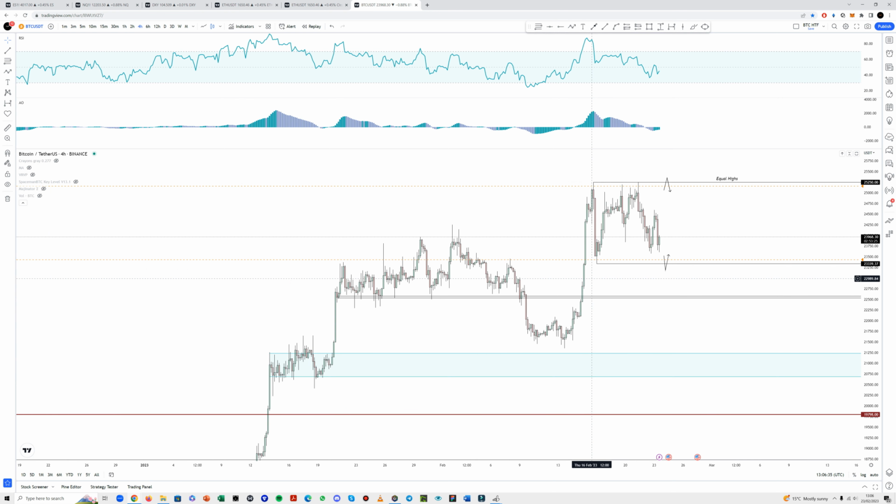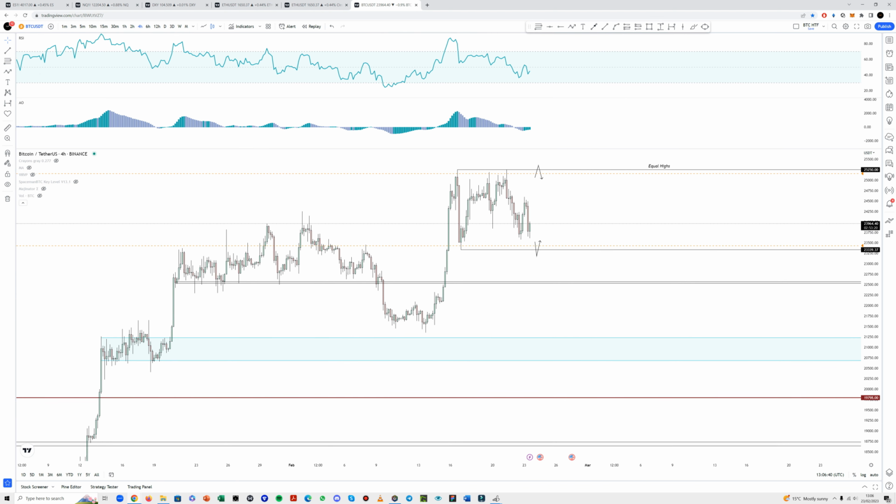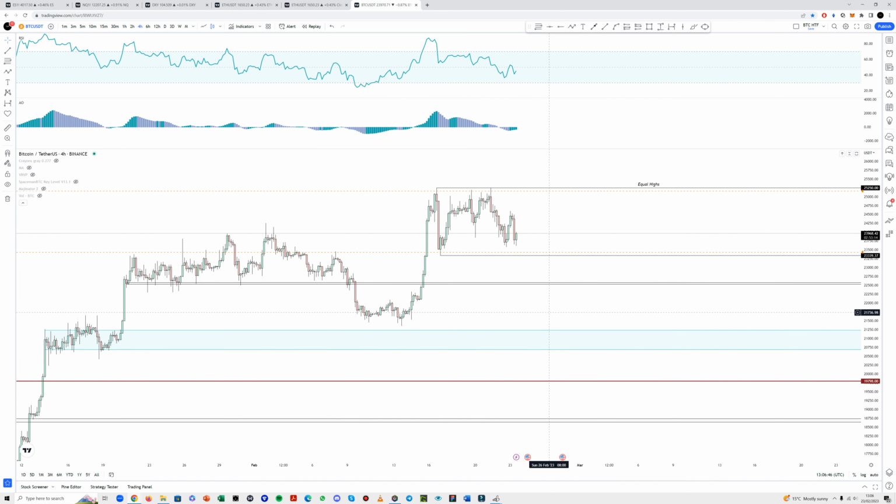Now, overall, Bitcoin still looks, generally speaking, quite bullish based on the price action alone, not taking into account the indices, DXY, just on its individual PA. We can see we're still generally uptrending, we're range bound.